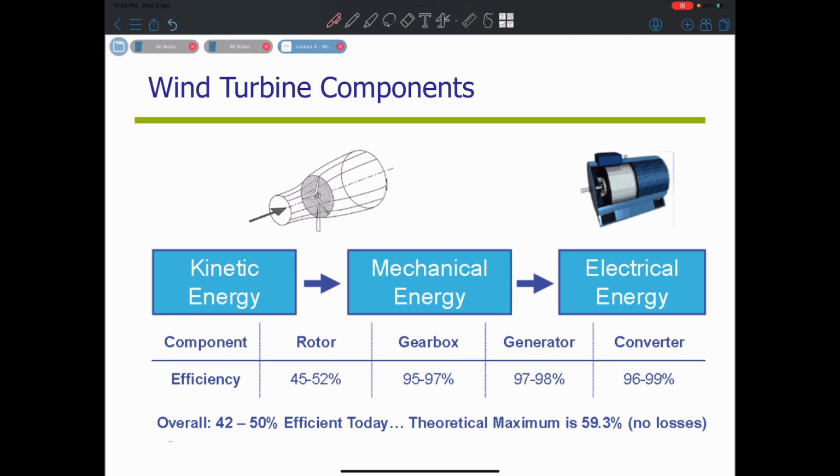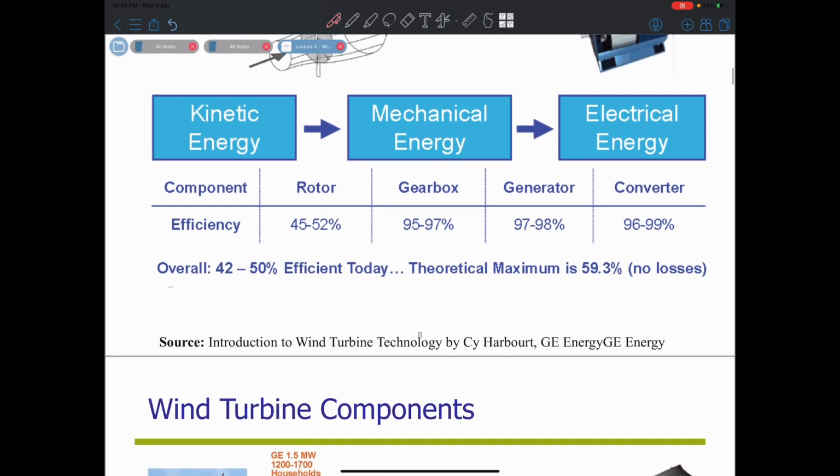So the components are the rotor, gearbox, generator, and converter. And they all have different efficiencies. And the maximum theoretical efficiency is 59.3%.